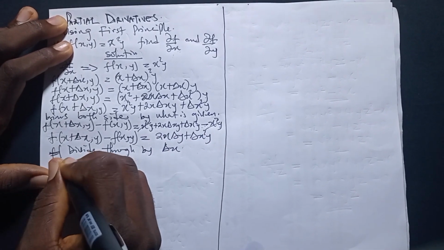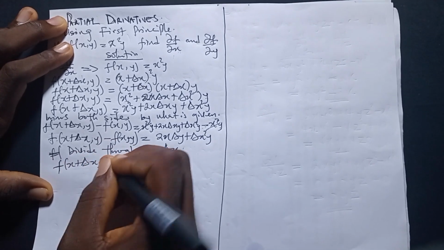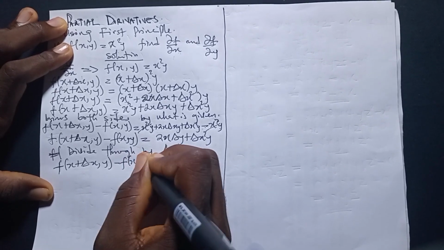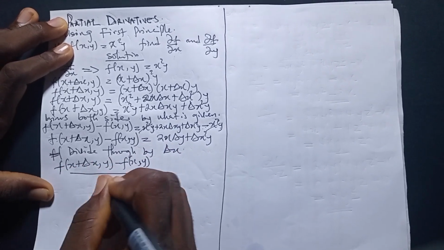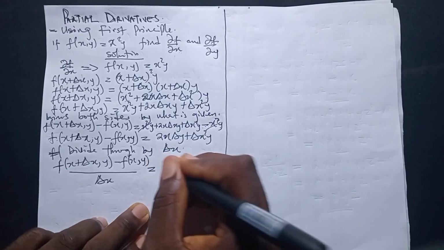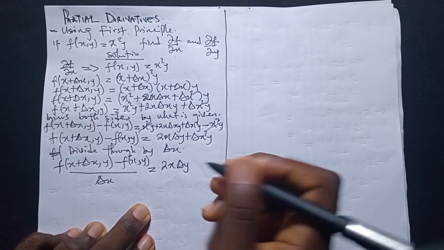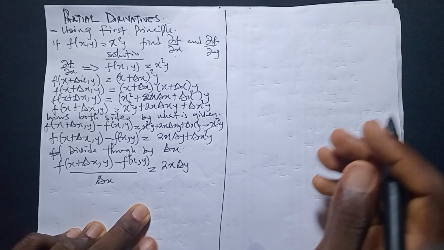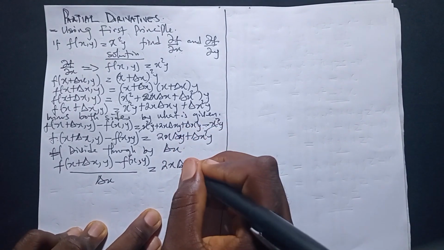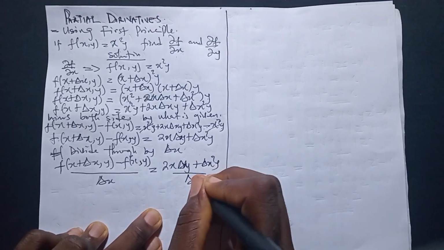So we have f of x plus change in x, y minus f of x, y, divided by change in x, equals 2x change in x y plus (change in x) squared y, divided by change in x.